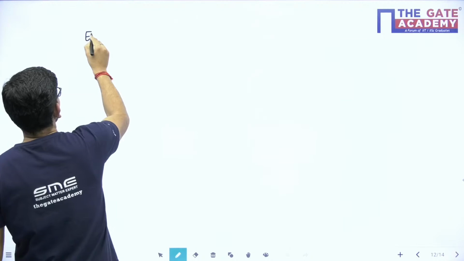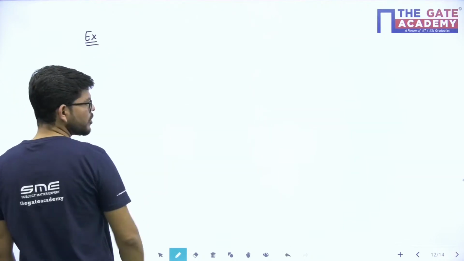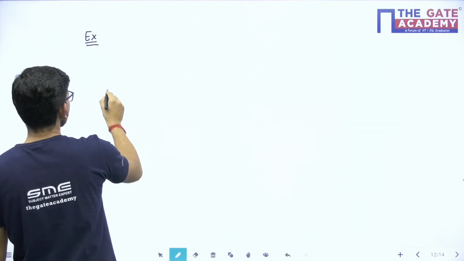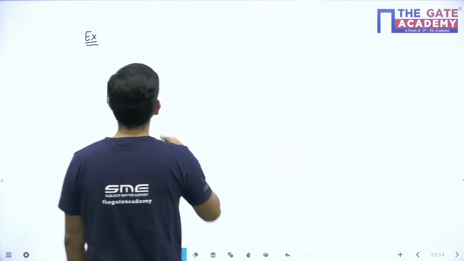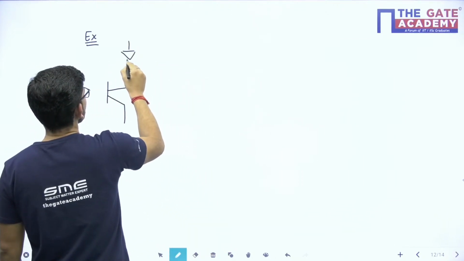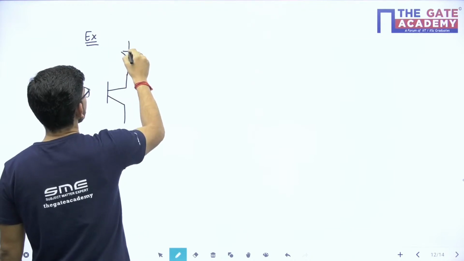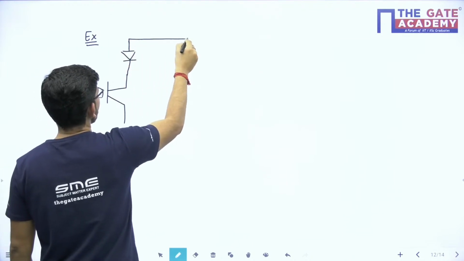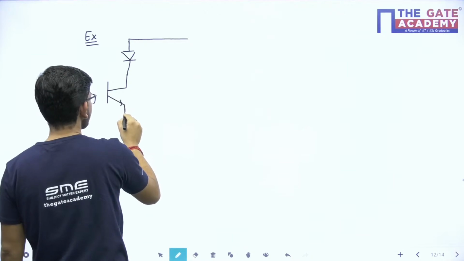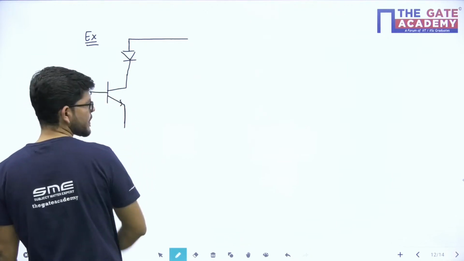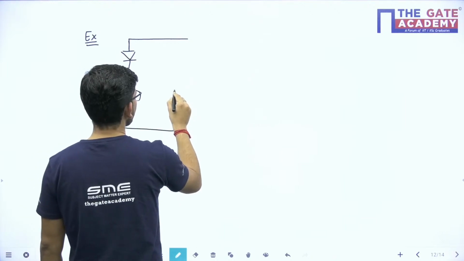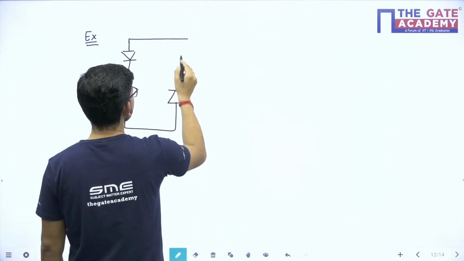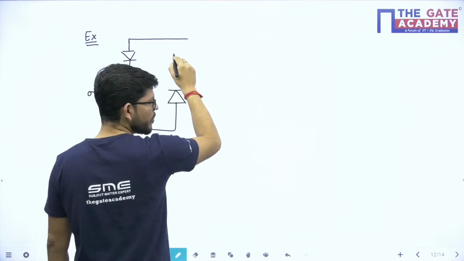Suppose you have one composite switch like this, where you have a diode and a transistor connected in series, and then you have a diode and transistor connected in series but in parallel with this combination like this.